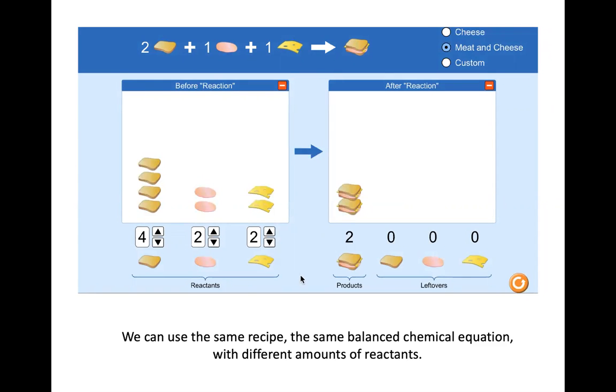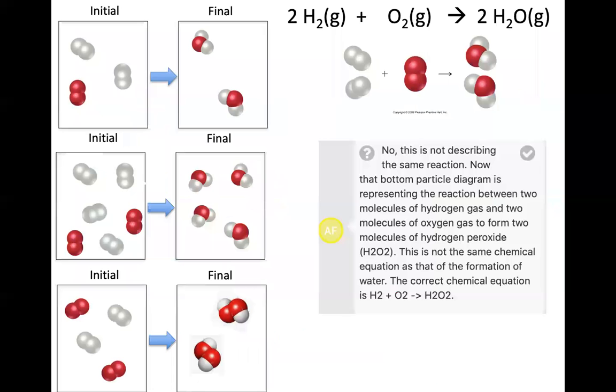I don't need to change the recipe when I change the number of reactants. Now, you might be saying, yeah, but how do you then figure out how many products that you form? How do you actually make that work? We're going to learn how to do that in chapter 3. But for now, let's have our lesson be, we are looking at a balanced chemical equation as our simplest recipe that we need to turn the reactants into the products. And the coefficients are showing us the proportions for those along the way.